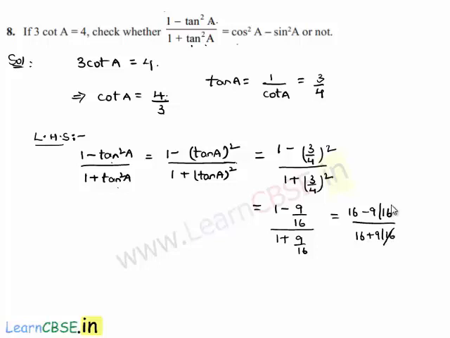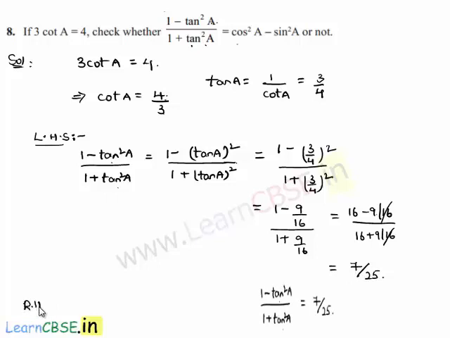By simplification, 16 in the denominator will get cancelled, which will be equal to 16 minus 9 is 7 and 16 plus 9 is 25. Therefore we got the value of LHS as 7 by 25.